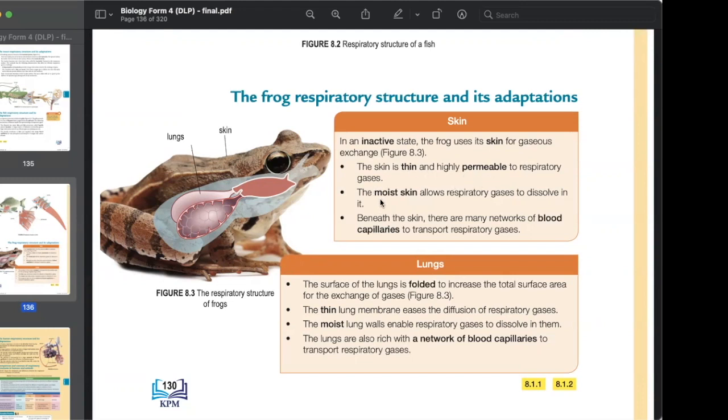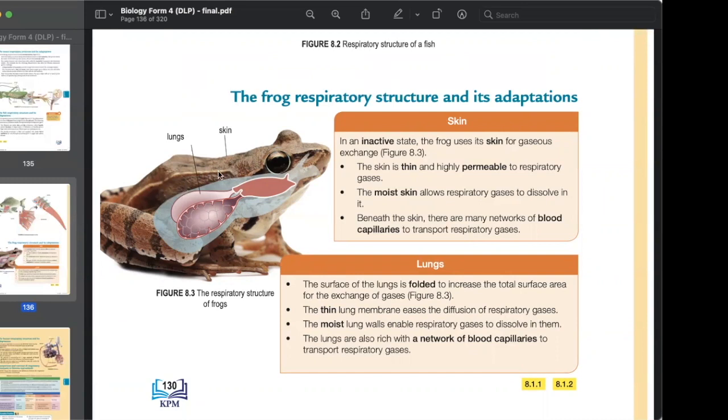And it also has a moist skin to allow gases to dissolve in it. So dia lembab, dia nipis. Below the skin, there are many networks of blood capillaries to transport respiratory gases. So dekat bawah skin ni ada banyak blood capillary.